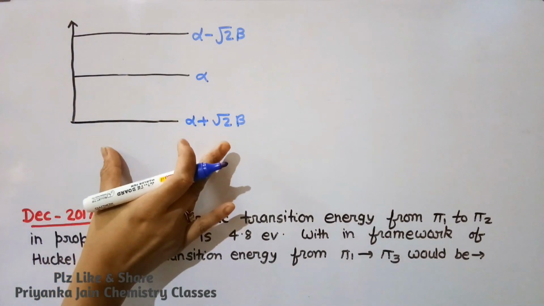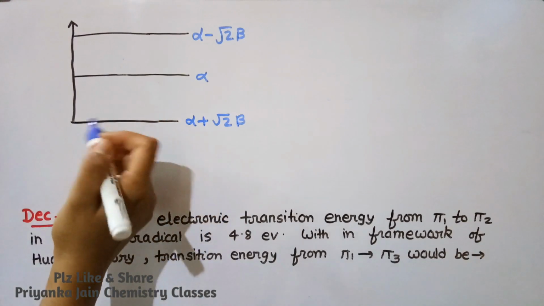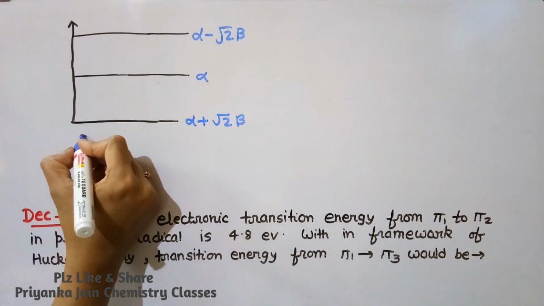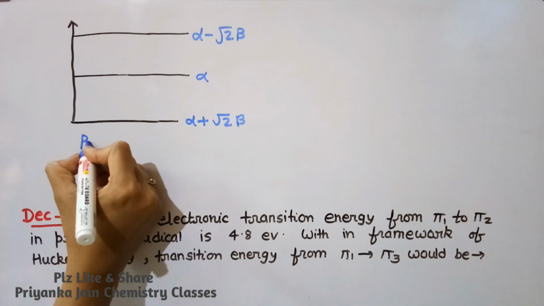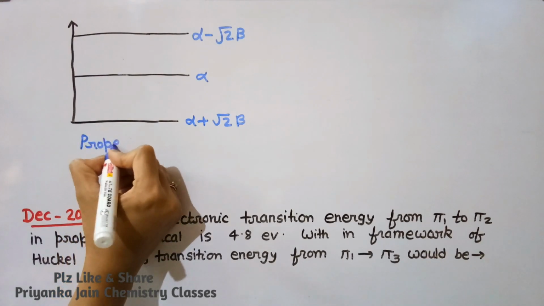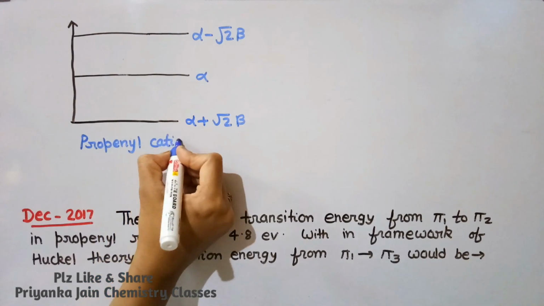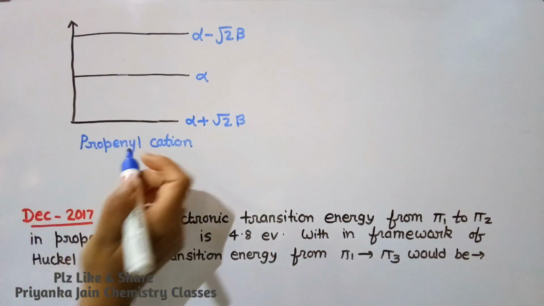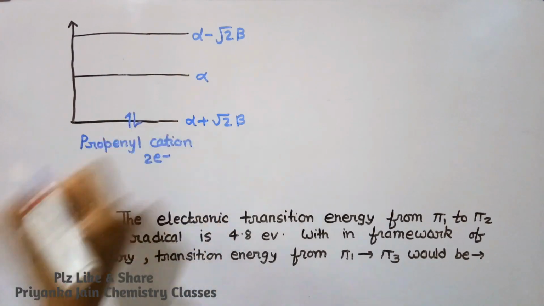Now the allyl system may be an allyl radical, allyl cation, or allyl anion. When we are considering the cation system, it means allylic cation, or we can call it propenyl cation, then in this case there will be 2 electrons. So these 2 electrons will be in this level, right?